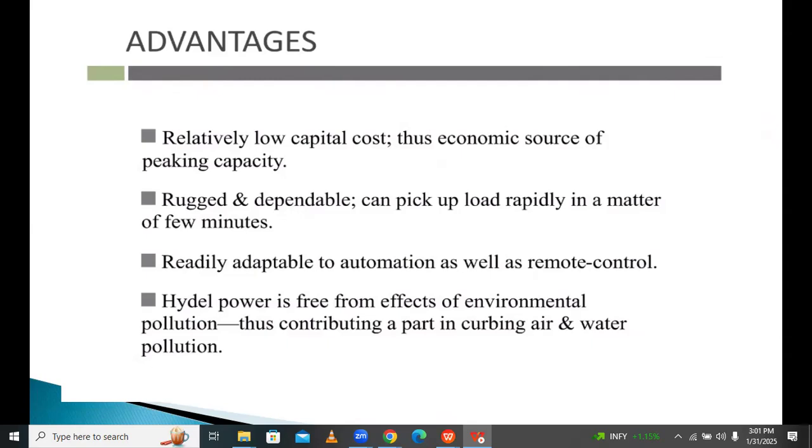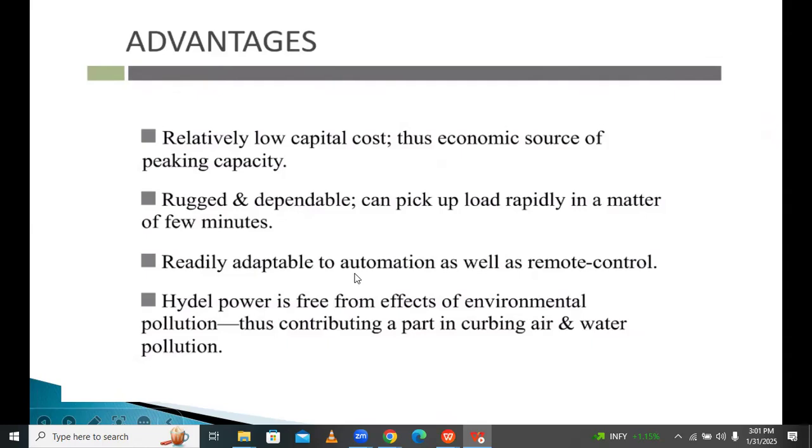In thermal power plants, getting the rated speed takes approximately one day, 24 hours, to reach the synchronous speed of the turbines. That is the difference. But in pumped hydro storage systems, we can reach the demand in only a few minutes. That is one of the advantages of pumped hydro storage.